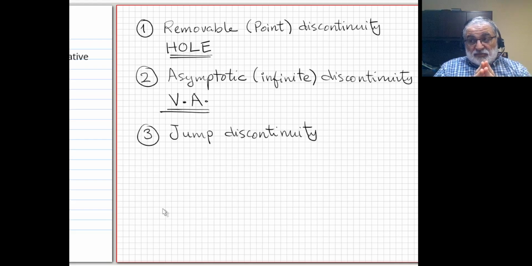The other thing that we talked about is where the tangent to the graph of the function is a vertical line, because the slope of a vertical line is undefined.